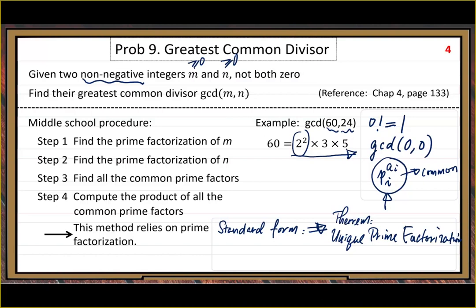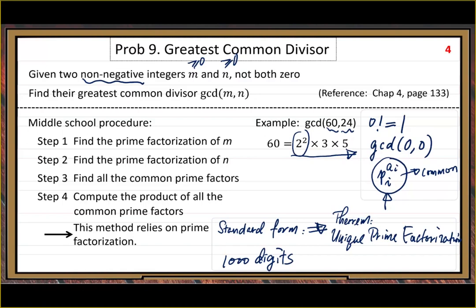when these two numbers are huge. How huge? Let me give you some idea. A 1,000 digit number. Can you imagine 1,000 digits, that huge?